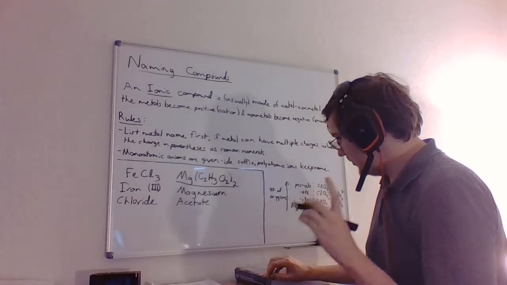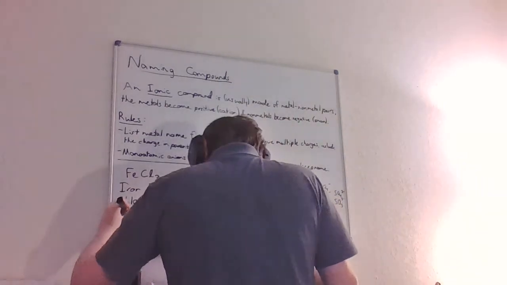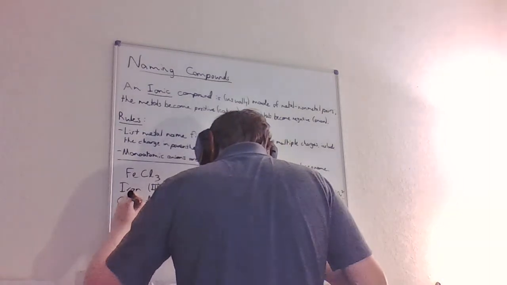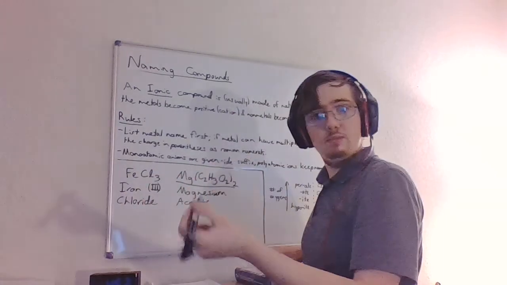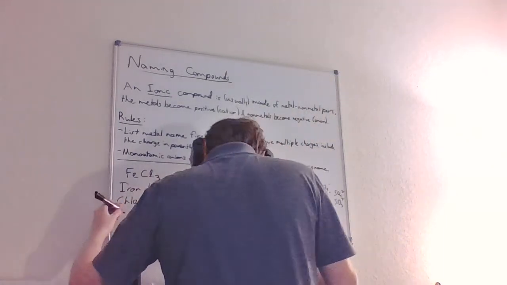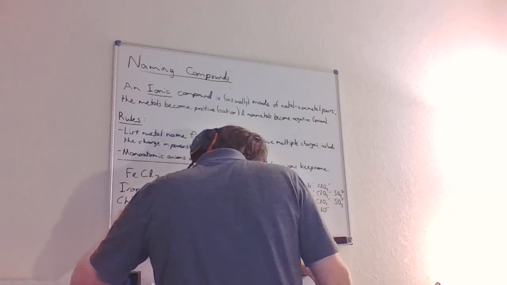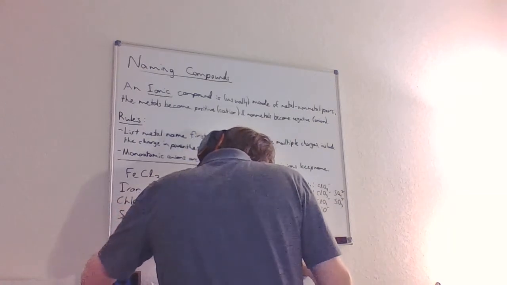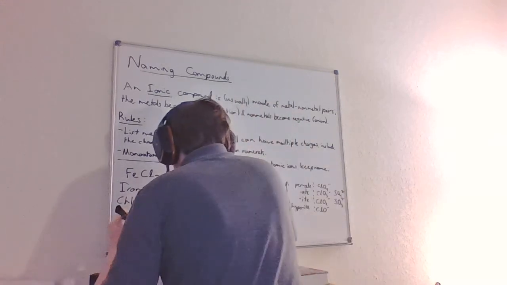Now, there's only one last example that I have. Let's say that instead of being given the compound, we were given the name and we want to figure out what the compound is. So if we were given sodium, not chlorate, carbonate, my bad.